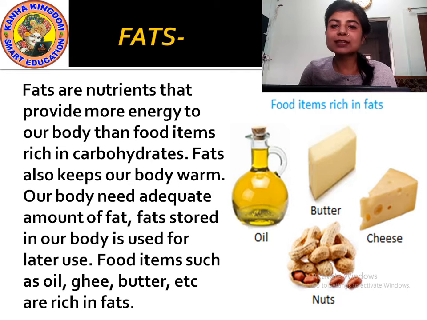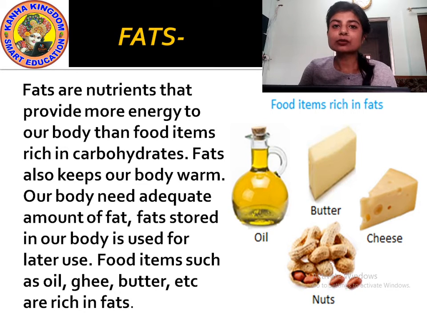Why? Because the fats stored in our body provide our body energy. That is why fat is needed in our body, but only in adequate, limited amount. In food we should take only a limited quantity of fats.